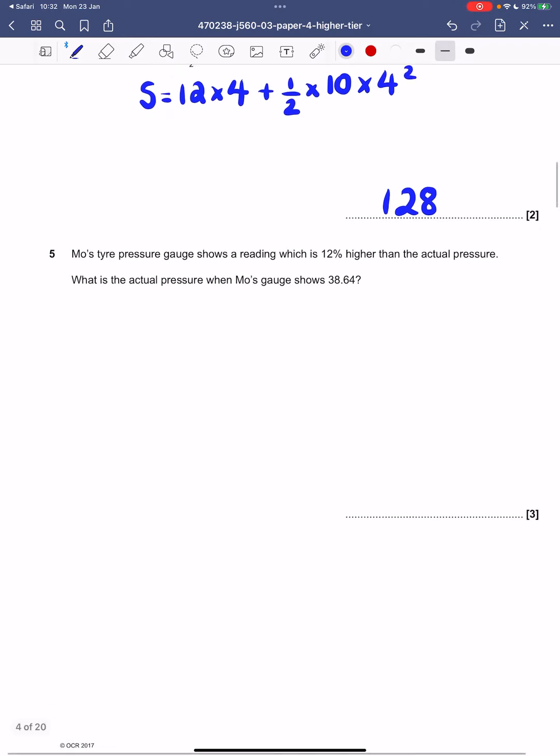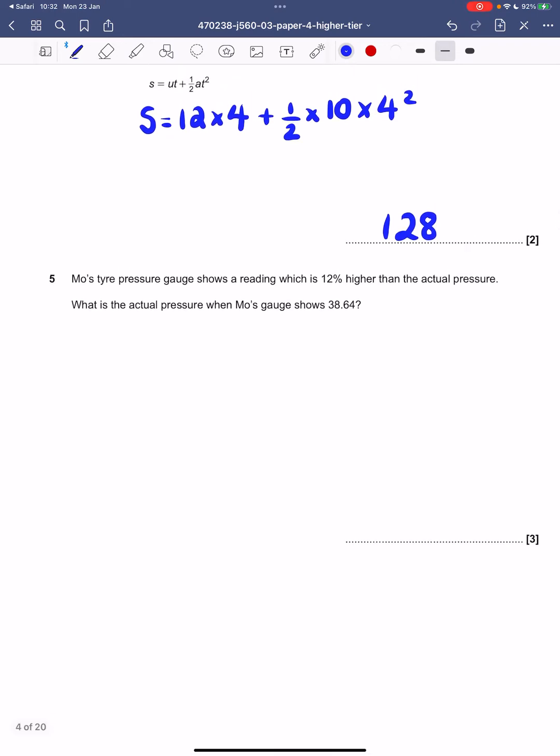Question 5. Mohs tyre pressure gauge shows a reading which is 12% higher than the actual pressure. What is the actual pressure when Mohs gauge shows 38.64? So you've got 1.12 times the actual pressure is equal to 38.64.